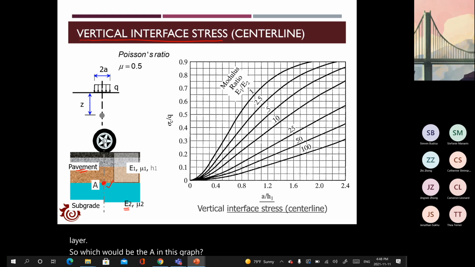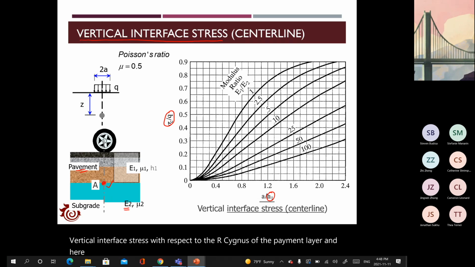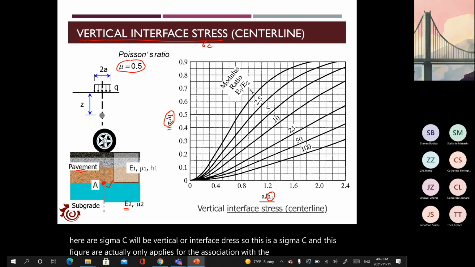And the figure here shows the relationship between the vertical interface stress with respect to the thickness of the pavement layer. And here sigma c will be the vertical interface stress. So this is sigma c. And this figure only applies for the situation with the Poisson's ratio of 0.5.